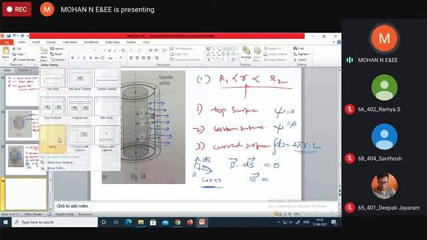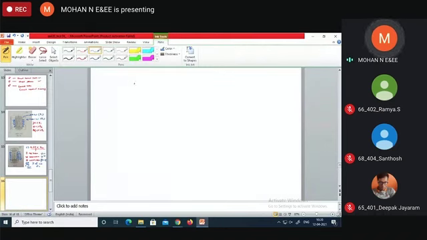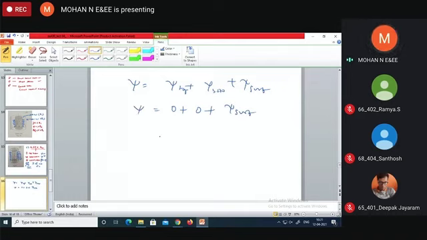Okay, so let me write the total flux. Phi is equal to phi top plus phi bottom plus phi surface. The top and bottom are 0, and what remains is on the surface, so I will write psi surface. Psi surface is equal to the integral of D vector dot ds vector.